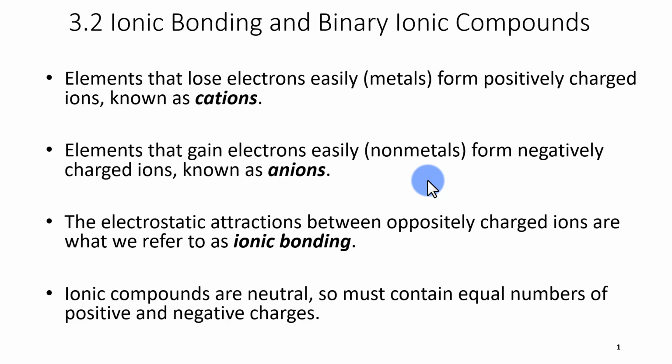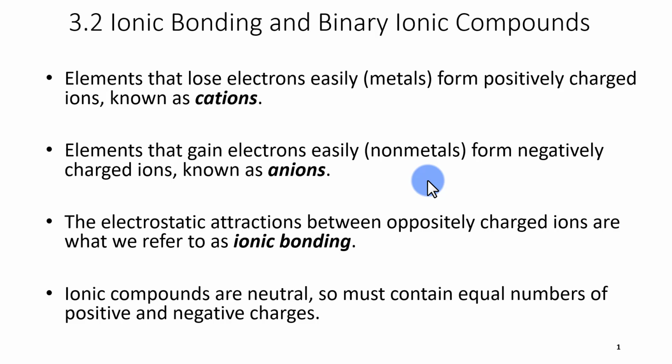All ionic compounds are neutral, at least the ones that we're going to deal with. To be neutral, an ionic compound has to contain equal numbers of positive charges and negative charges. Now, that could be represented as multiple ions, so multiple cations or multiple anions, depending on how the charges are distributed.